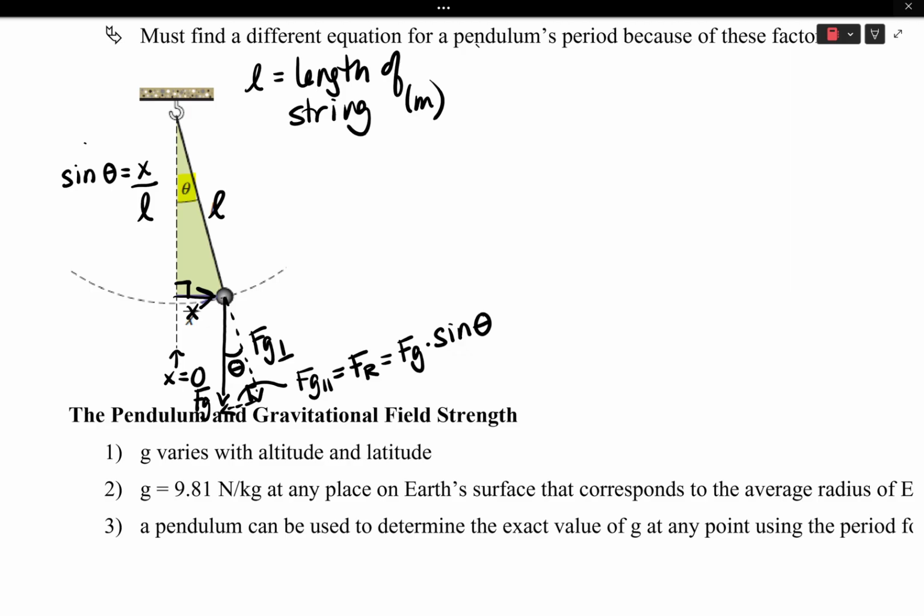And then always remember, we can replace F of G with mass times g. So our restoring force is going to become F of G times the sine of theta.